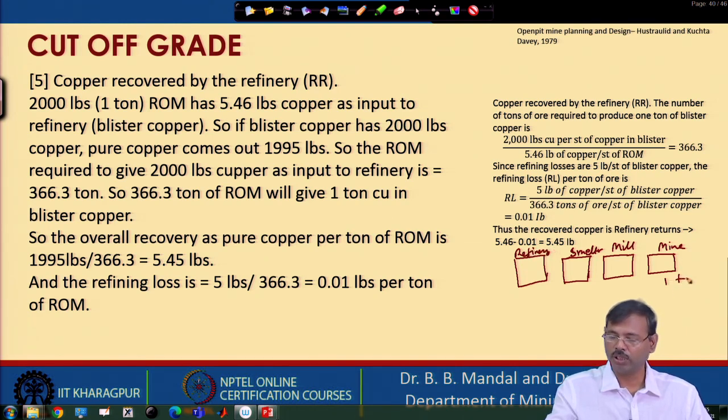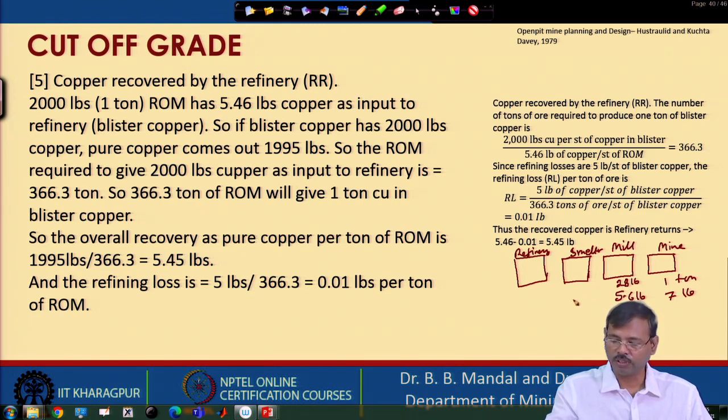Now, if we are sending 1 ton which is having 7 pound copper, it is becoming 5.6 pound copper here and 28 pound concentrate here.